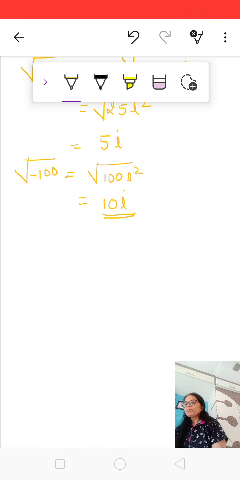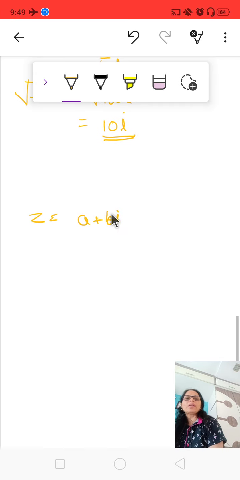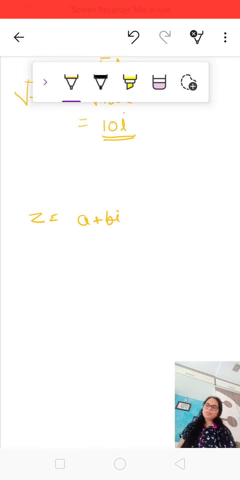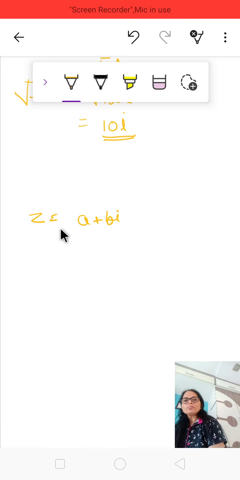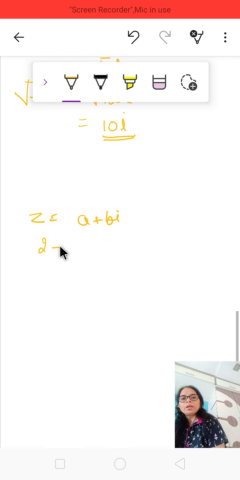Now suppose I am writing here from your textbook, some numbers are like this. z is equal to, the general form is a plus bi, or x plus yi, where x is the real part, and if i is attached to that alphabet, that is said to be the imaginary part. Now if I am writing z equals 2 plus 4i, which is the real part?